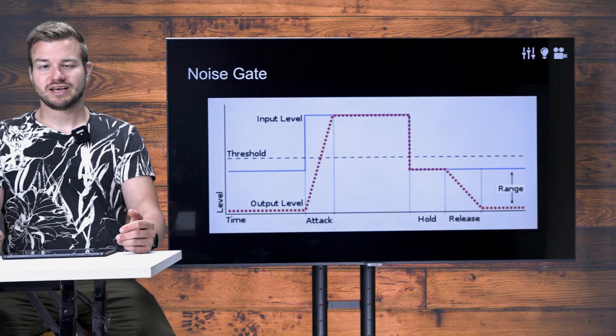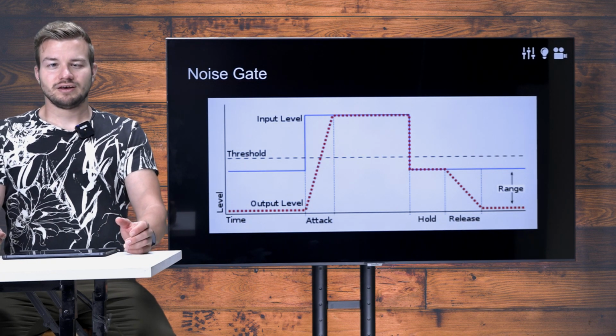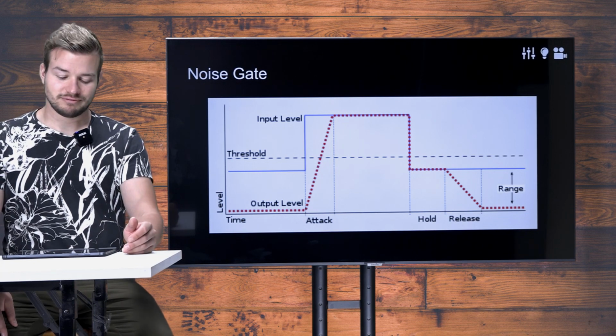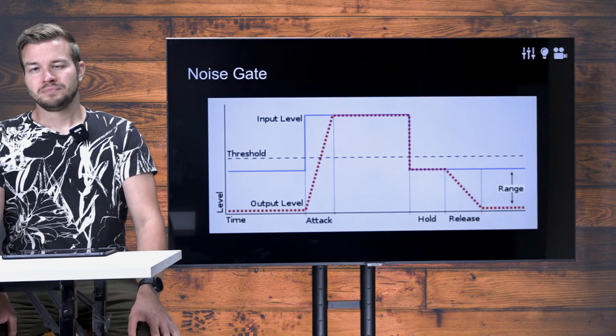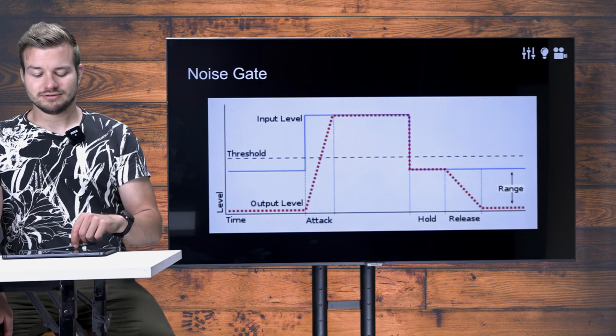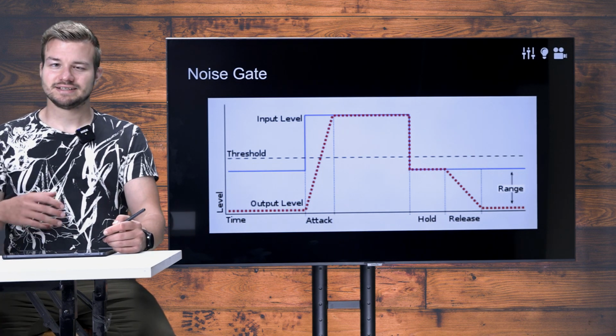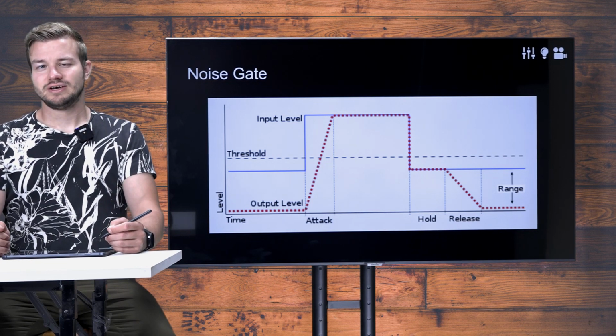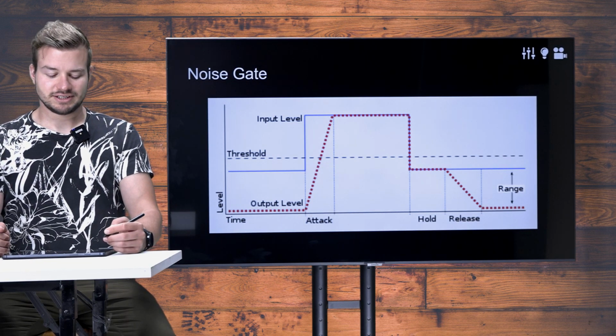So this is where we can use the noise gate, because our goal is to only hear the kick drum on the kick drum mics. What we can do is turn down the snare, which is also on the kick drum mic, a little bit, or we can entirely switch off the snare signal on the kick drum mics.